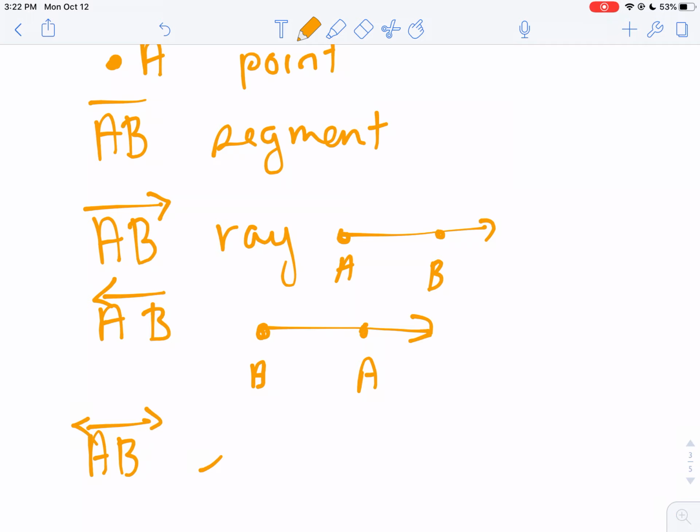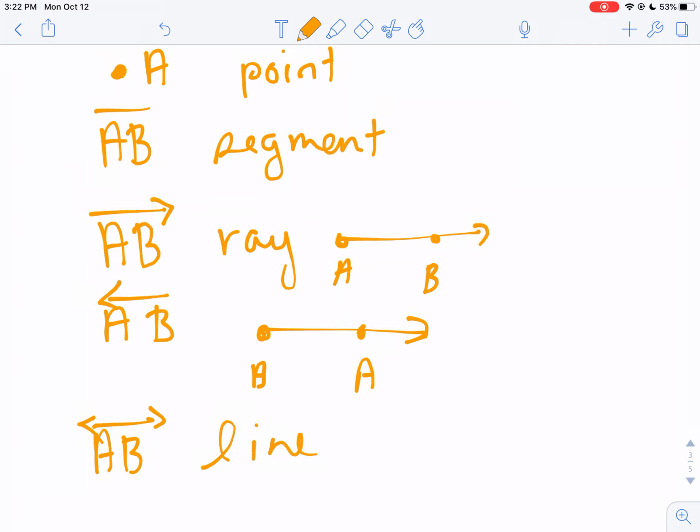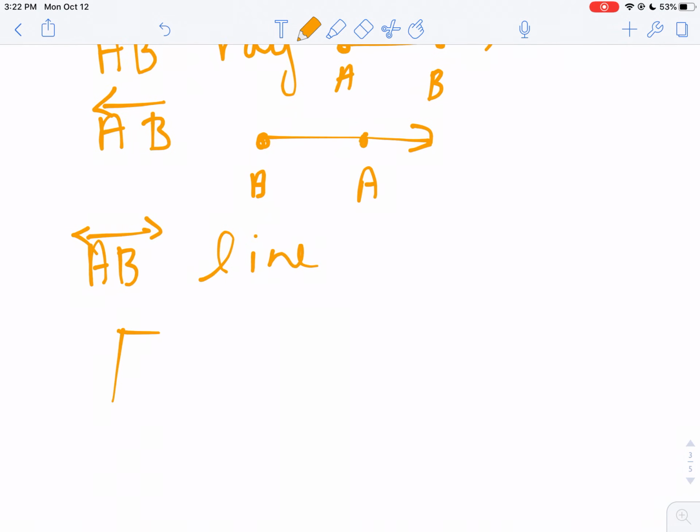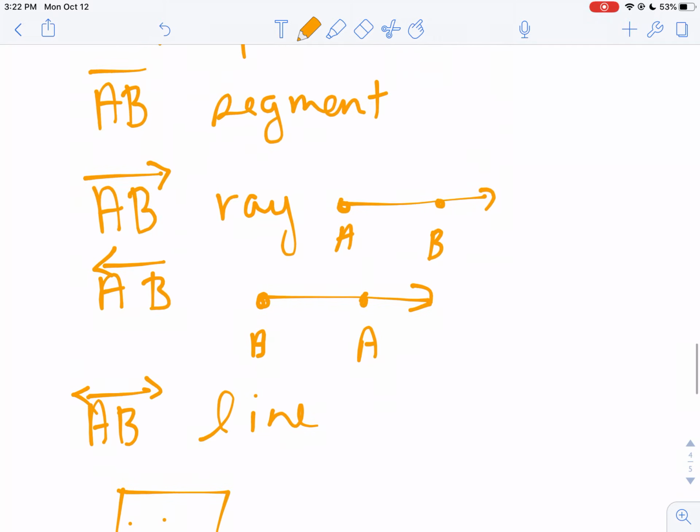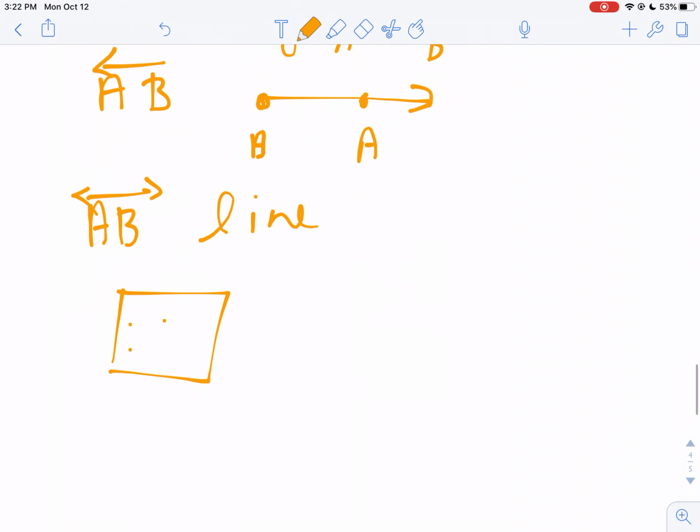That's a line. And then you have a plane, like a sheet of paper. You need 3 points to denote a plane. You can use any capital letters that you want, or you can also use a script letter like I mentioned before. And how about if you just have AB with nothing on top? This is a length. This is a number.